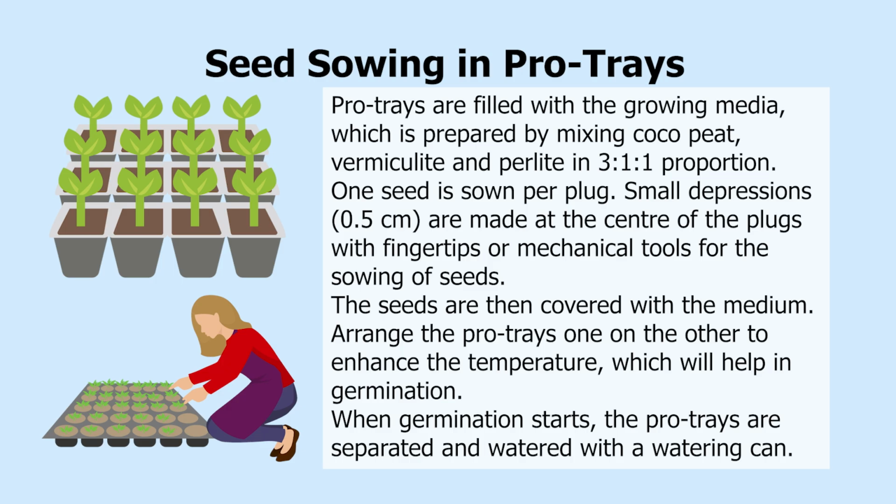The seeds are then covered with the medium. Arrange the pro trays one on the other to enhance the temperature, which will help in germination. When germination starts, the pro trays are separated and watered with the watering can.